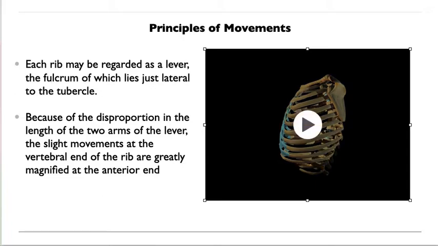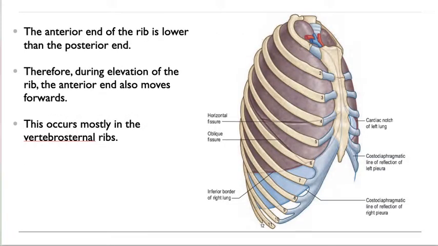Because of the disproportionate length of the two arms of the lever, slight movements at the vertebral end of the rib are greatly magnified at its anterior end. The anterior end of the rib is lower than the posterior end. Therefore, during elevation of the rib, the anterior end also moves forwards.